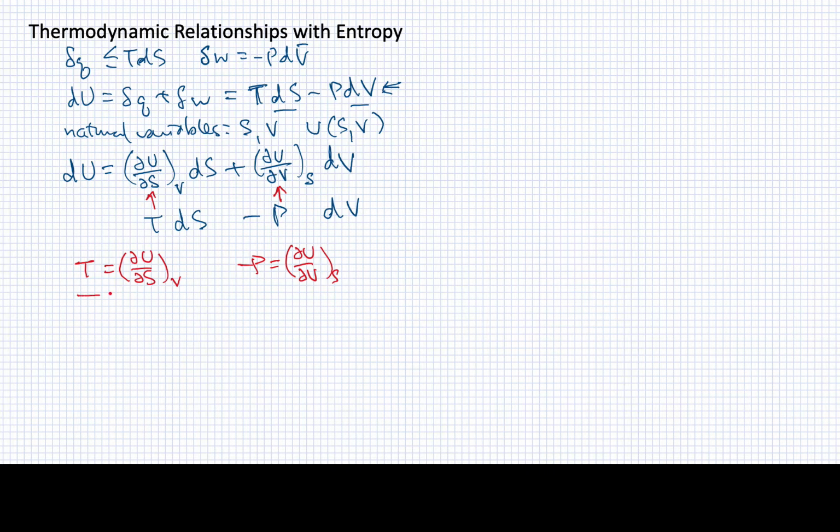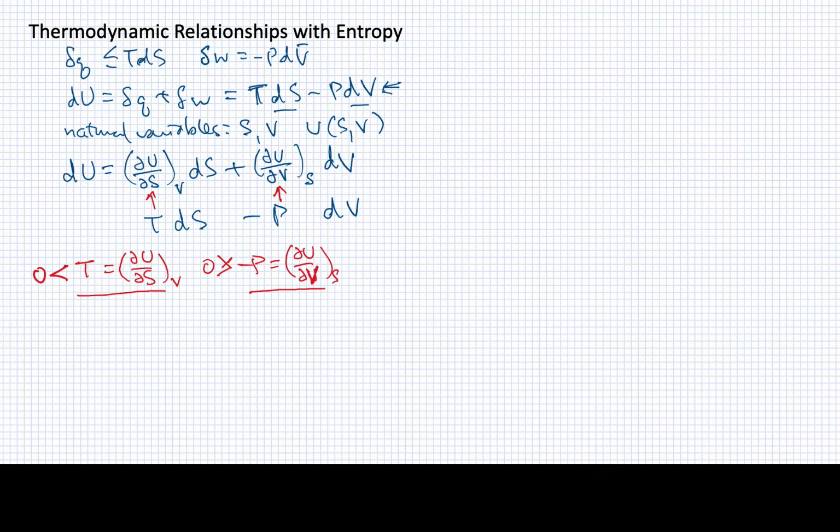This tells me that internal energy grows as entropy grows, and this tells me that internal energy decreases as volume increases, because it's equal to negative pressure, which is, of course, a negative number. So I'll make that less than 0, and this one is greater than 0. All right, so we can learn important facts about this even if we don't know what the functional form is.